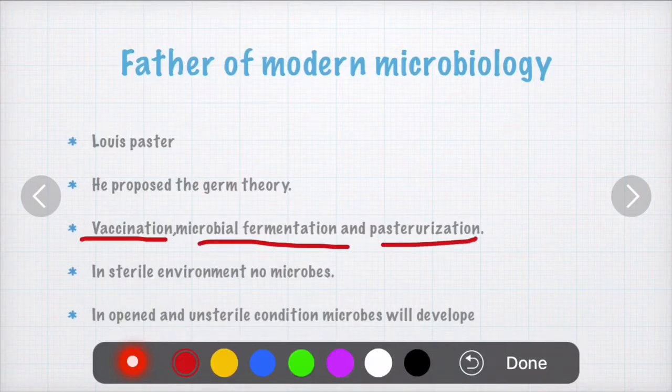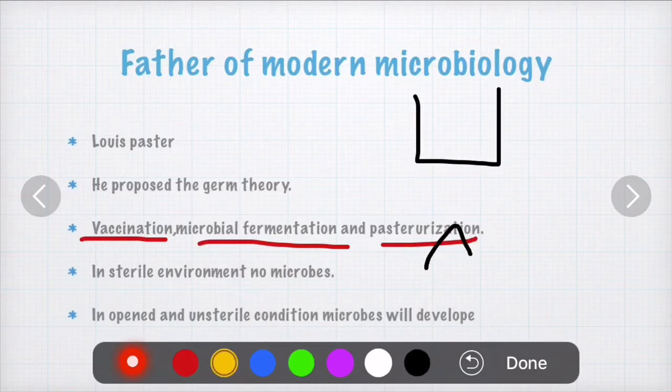First let me explain pasteurization. Pasteurization is nothing but exposing the food substances to a mild heat to eliminate the pathogens and to extend the shelf life of the food. For example, this is a container which is heated to eliminate the microorganisms present inside.